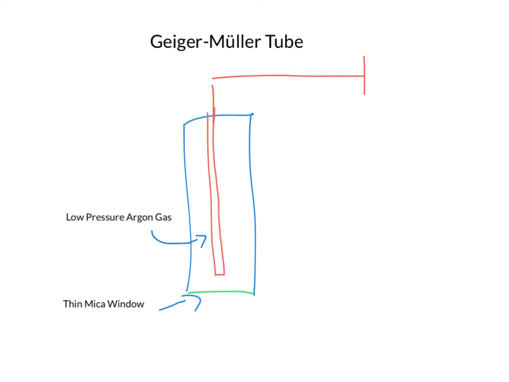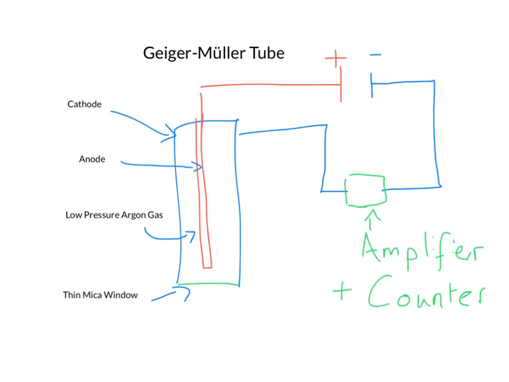So it's going to be connected to the positive terminal of a power supply, and the outside of the tube is going to be connected up to the negative terminal of a power supply. So at this point our central pin has become an anode, and the outside of the tube has become a cathode, because a charge will build up on each of them.